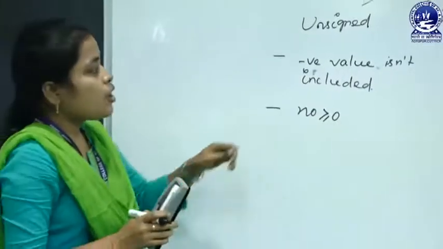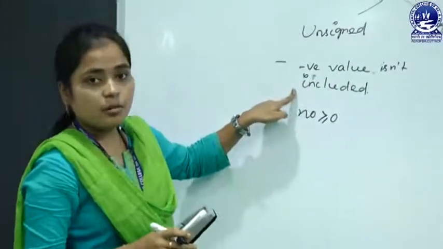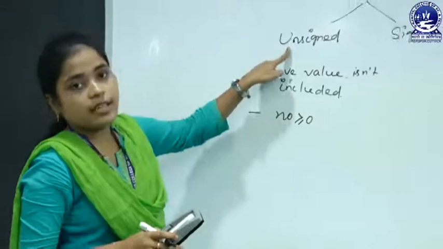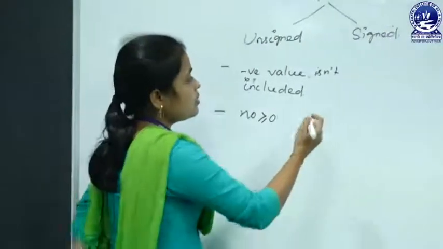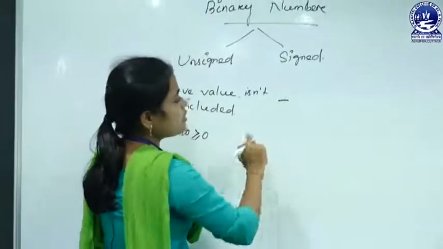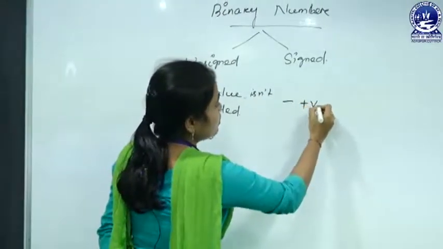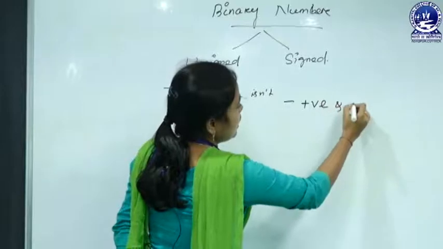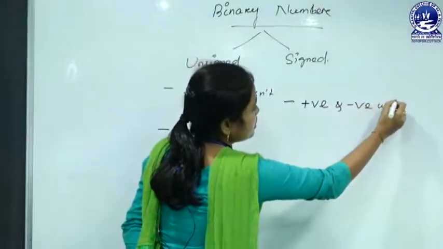That means all positive integer numbers come under the unsigned values. And signed values include positive and negative values along with 0.